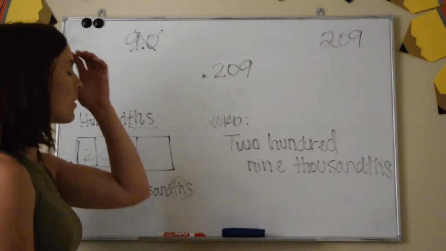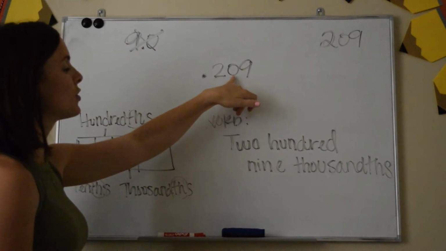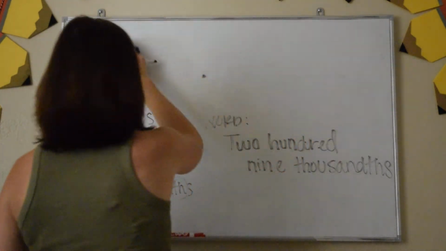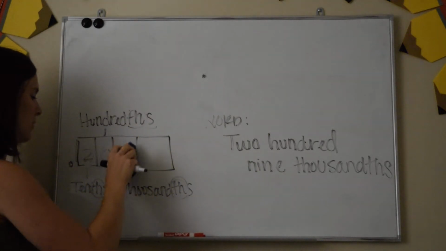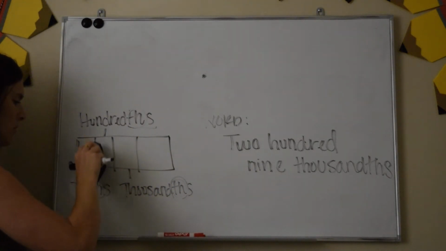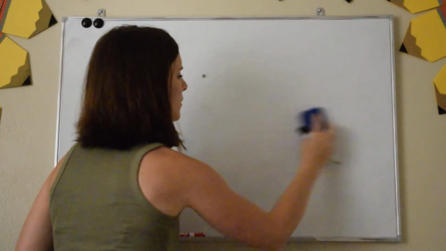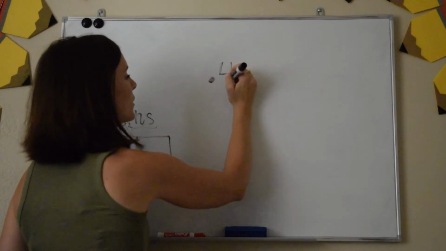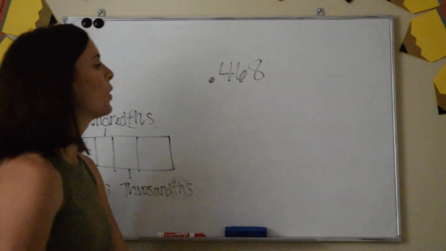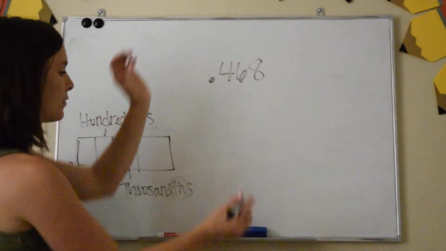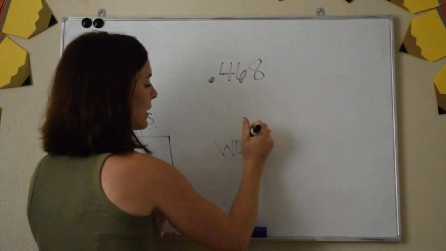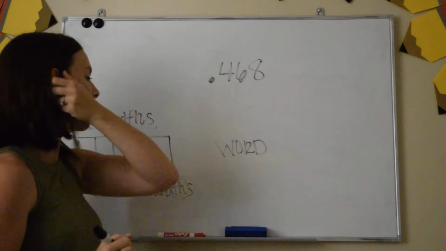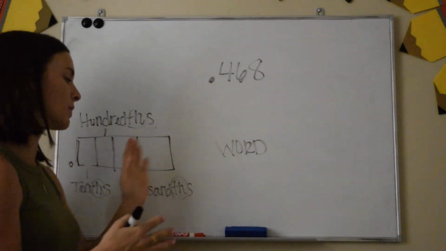Okay, let's do one more where I have a digit other than a 0 here. What if I had decimal 4, 6, 8? So again, to help you start out, especially if you're just trying to understand how to write the number in word form and understand its value, we need to first understand how it relates to its place value chart.